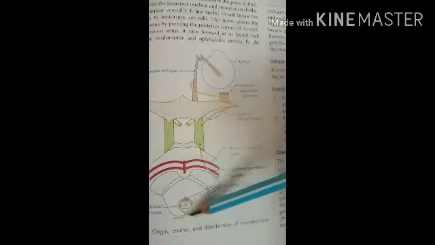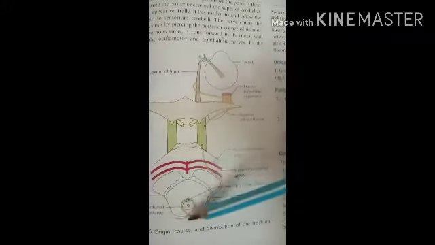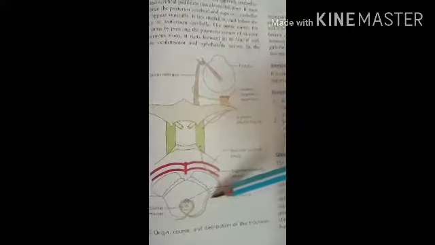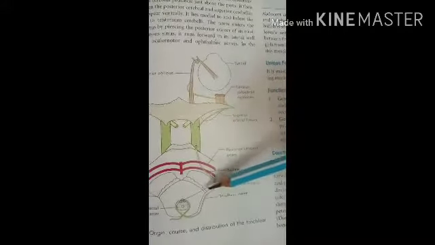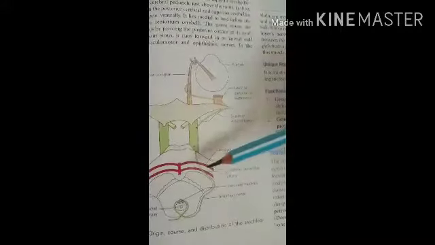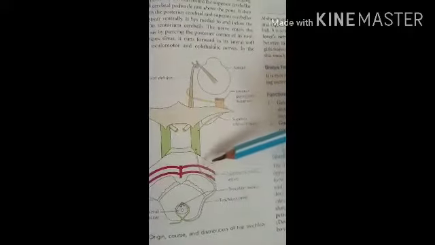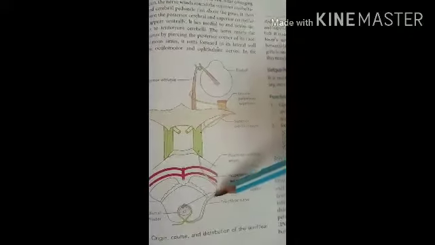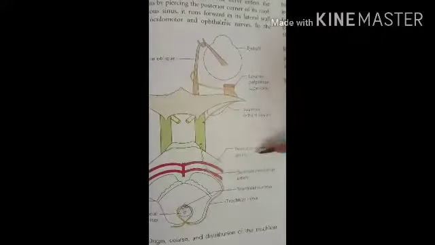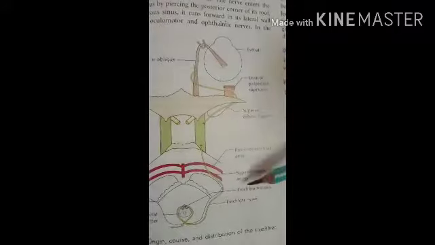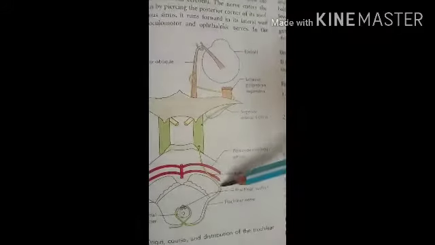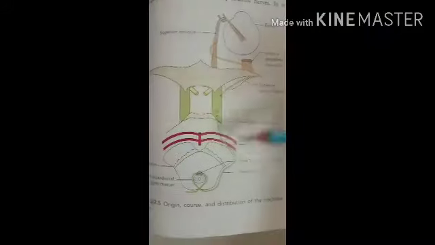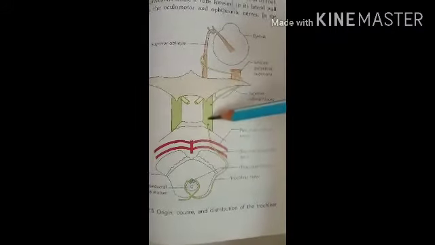Just above the pons, it passes between the posterior cerebral and superior cerebellar arteries. Then from this it enters the cavernous sinus.